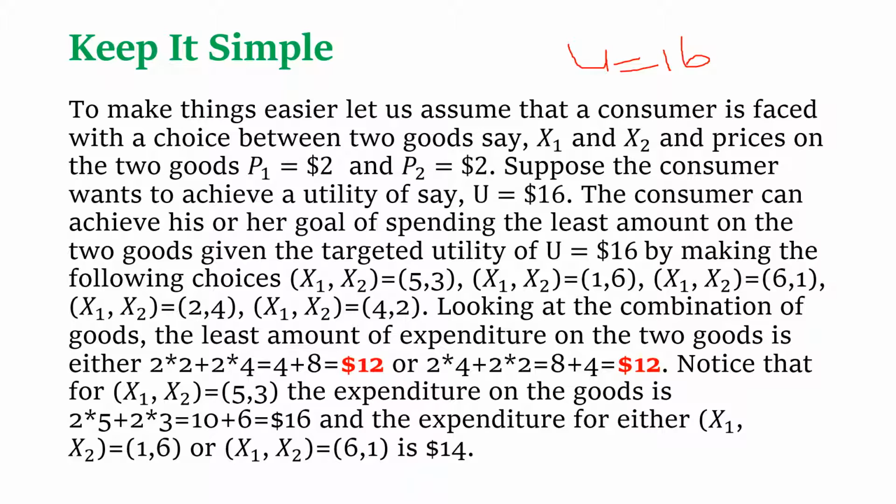Now, the consumer can achieve this goal of spending the least amount on the two goods, given the targeted utility, by making the following choices. It can either choose the first bundle, X1, X2 equals 5, 3, or may decide to choose X1, X2 equals 1, 6, or X1, X2 equals 2, 4, or X1, X2 equals 4, 2, that is 4 units of good 1 and 2 units of good 2.